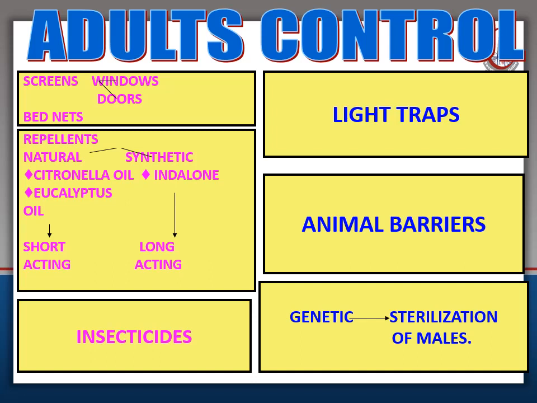Genetic control. In genetic control, we raise males in the laboratory, expose them to gamma rays in order to make them sterile, and then release them in the environment to compete with the natural males in mating females. And when females are mated with sterile males, they lay eggs which do not hatch because they are infertile eggs.